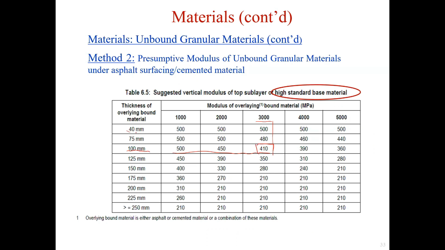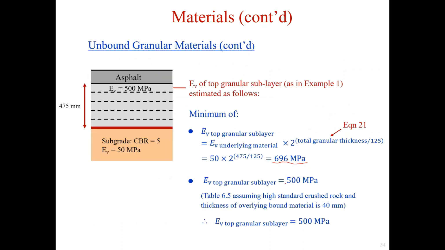For this 40 millimeter thickness, no matter the modulus of the overlying bound materials, we can see the vertical modulus of the top sublayer of high standard base material is always 500 megapascal. So that's how we pick up the value here. So the EV for this unbound granular material is the minimum of those two values. So it is 400 megapascal.